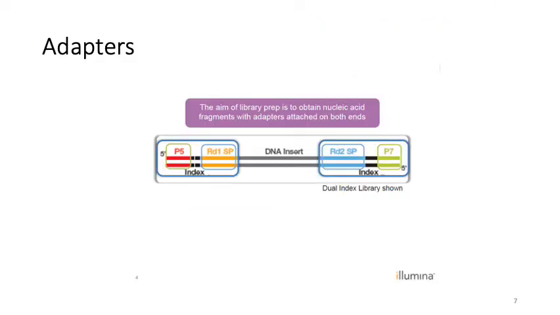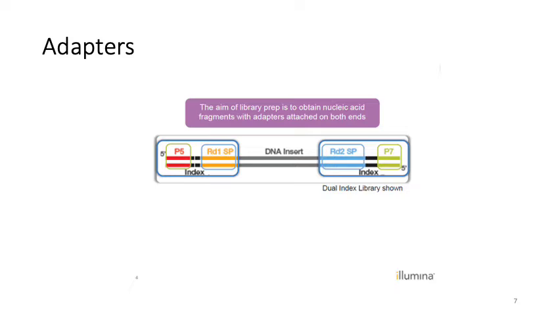Following adenylation of the 3' ends of the DNA fragments, Illumina adapters are ligated via their poly T tails. The ligated adapters have multiple sections as shown here on this slide. On the right-hand side of the adapter, the nucleotide sequence is labeled P5, index, RD1SP. The P5 sequence is complementary to oligos that are bound to the surface of a flow cell.